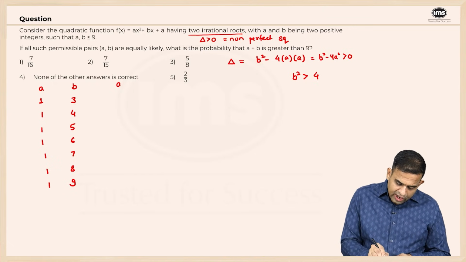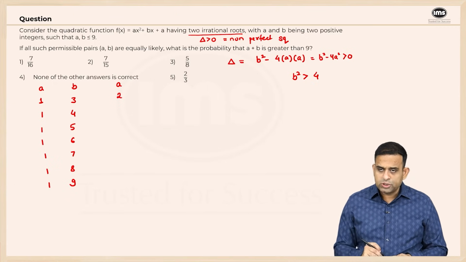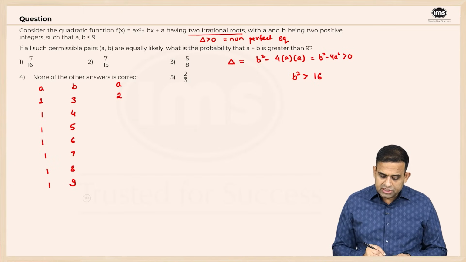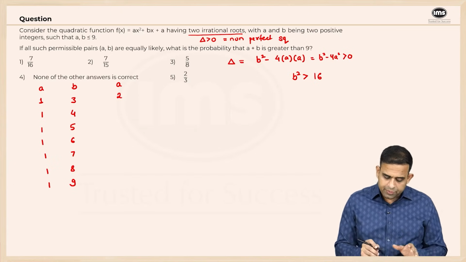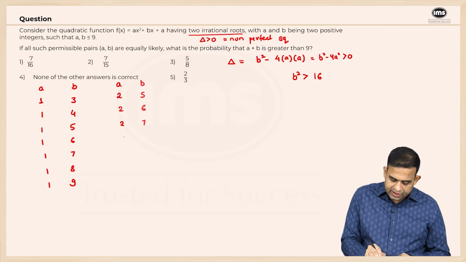Then if I take the value of a to be equal to 2, in that case the 4a square term will become nothing but 16. So b square needs to be more than 16, and here one can take the minimum value of b to be 5. So if a is 2, b can be 5, 6, 7, 8 and 9.